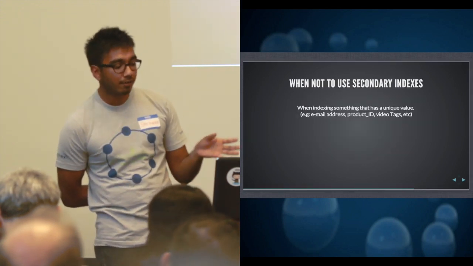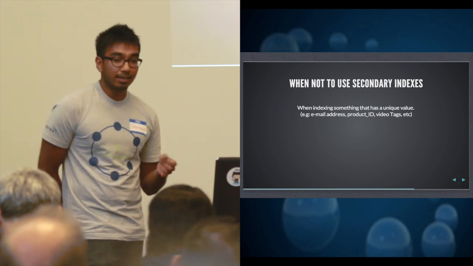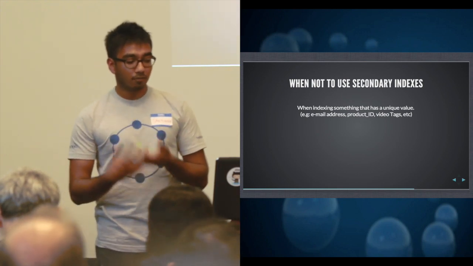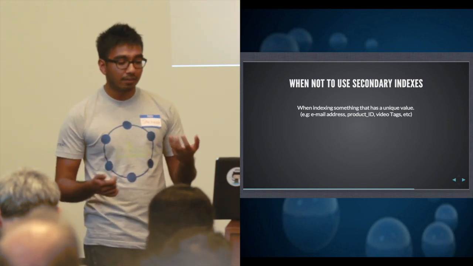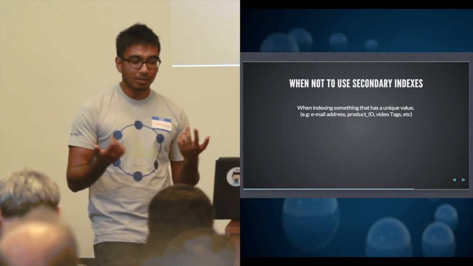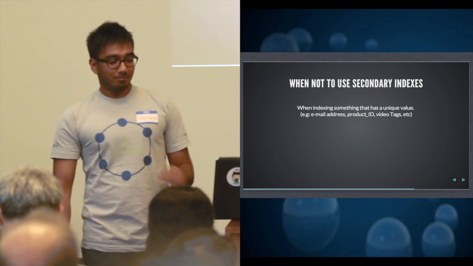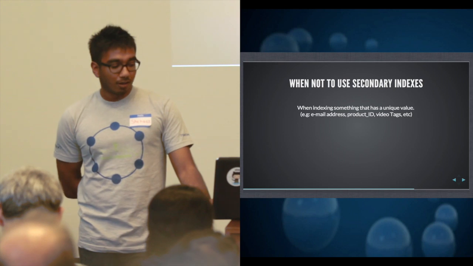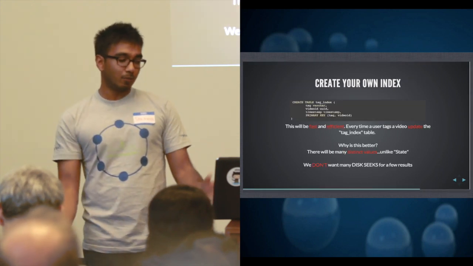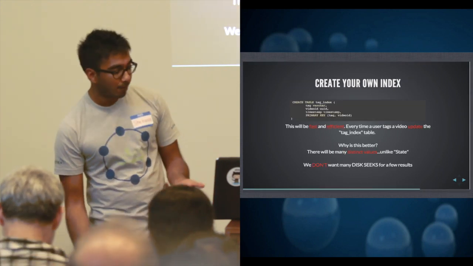So when not to use it: when you have something unique like an email address, product ID, or video tag. You don't want to put an index on a video tag because you can tag it funny, cat videos, grumpy cat, a bunch of tags you could have on videos. So this is where you create a tag index for the video.